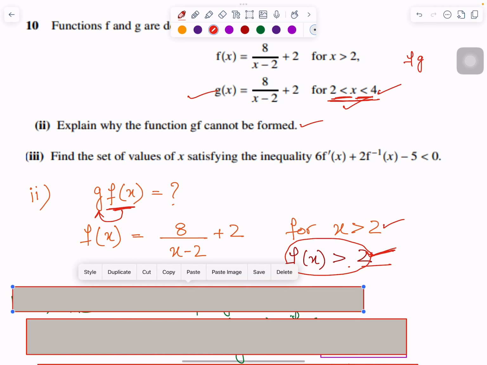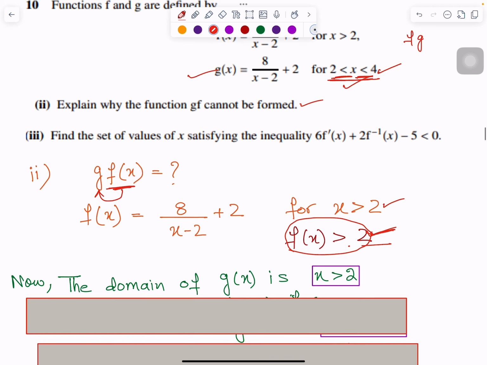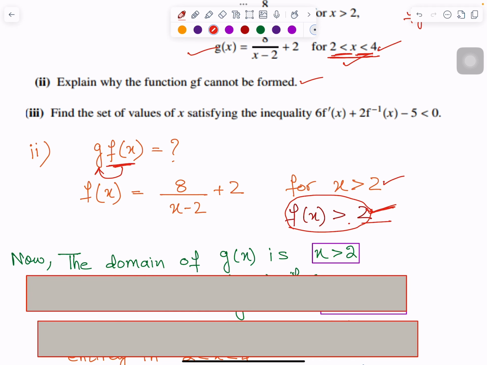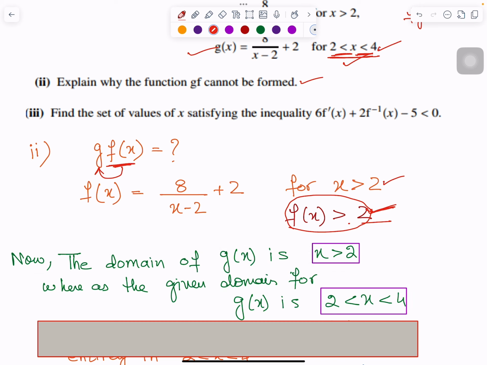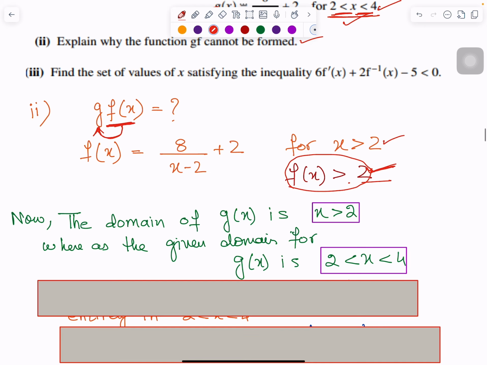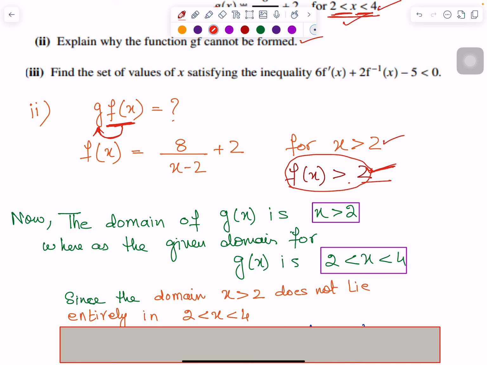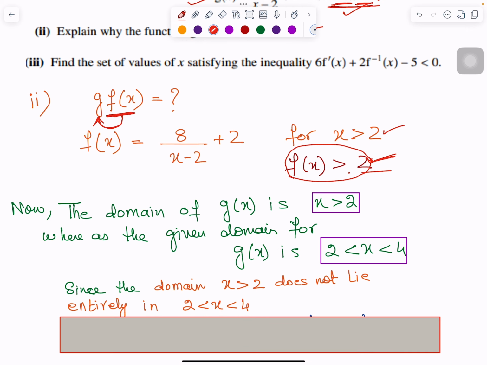So that's why the composite function does not exist, because the main thing is when you get the range from function f, which will act as a domain for g, it should fully satisfy the given domain, but that is not the case here, and that is the reason we can say the composite function g of f does not exist.